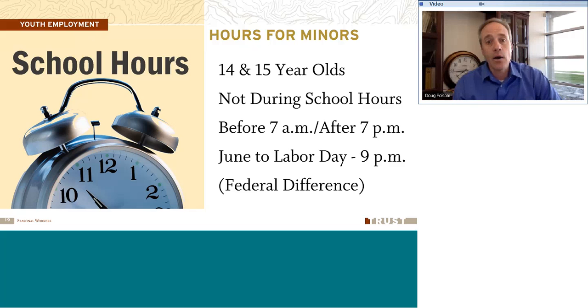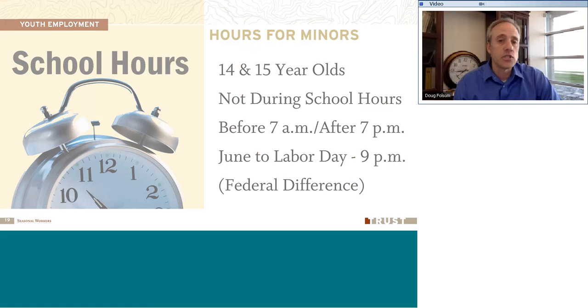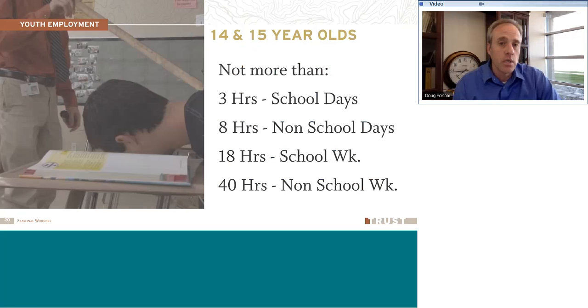How many hours can they work? Well, if it's a school day, you can't work that 14 or 15-year-old more than 3 hours on a school day, and that includes Fridays. Even though the next day is not a school day, on that actual calendar Friday, you can't work that student more than 3 hours if that is a school day. If it's a non-school day, so it's a Saturday, or if it's during the summer or during vacation when school isn't in session, that 14 or 15-year-old can work up to 8 hours, but not more than 8 hours.